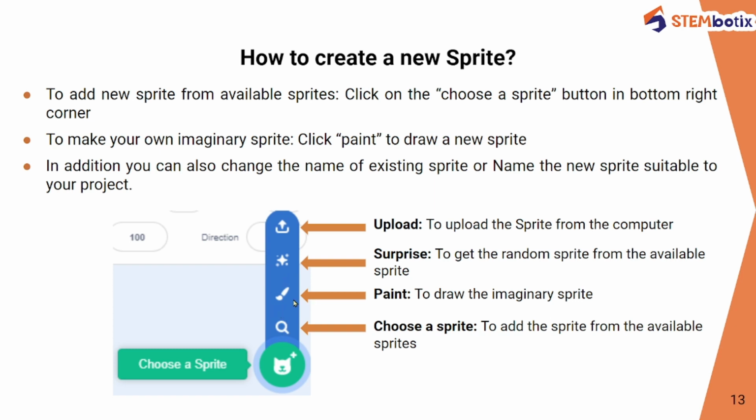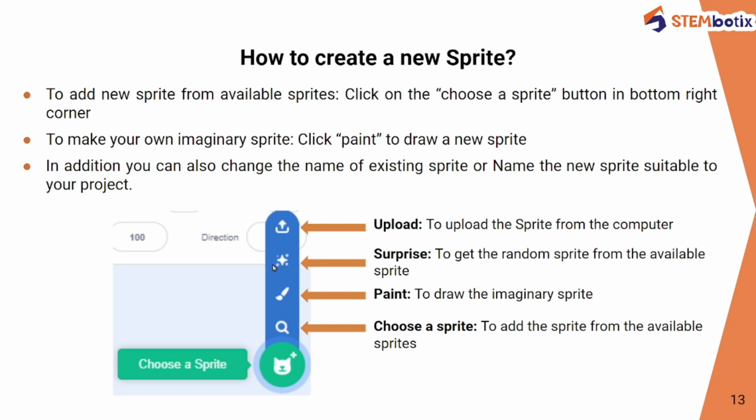This is the icon which will be used whenever you want to create your own imaginary sprite. So what if you want to create a sprite of your imagination? Yes, you can do that using this particular button. Clicking on it, you can create a different shape and size and anything for your sprite.